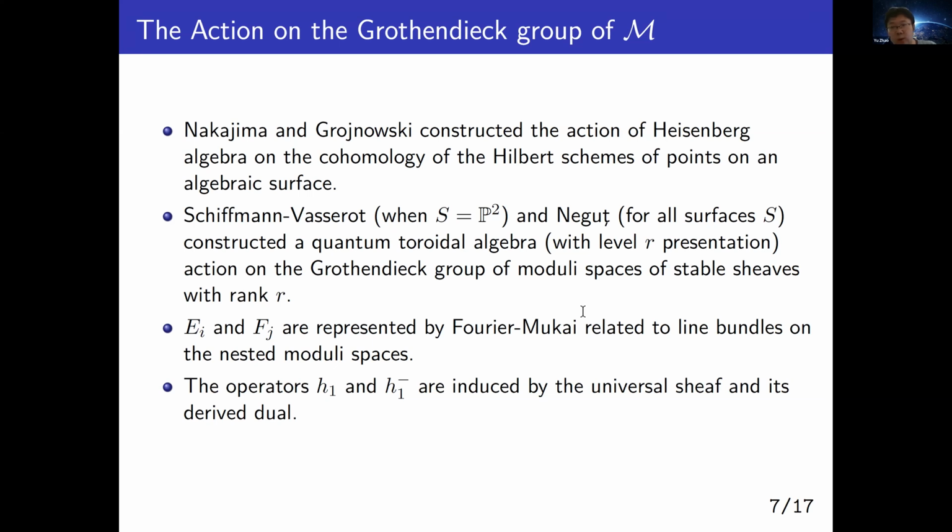In fact, we consider one more step by considering the affinization of the Q-Heisenberg algebra, and now the quantum toroidal algebra appears here. In this case, Schiffmann-Vasserot and Neguţ constructed a quantum toroidal algebra action on the Grothendieck group of moduli spaces of stable sheaves with rank r. r can be an arbitrary rank.